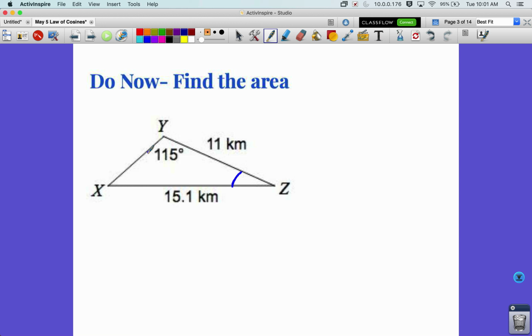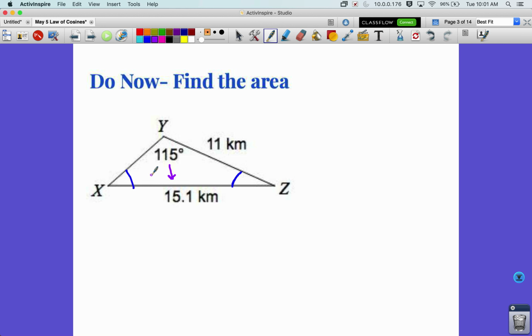But actually you can. The trick is we need to find this angle over here using law of sines and then the triangle sum postulate, and then we can use our area of a triangle formula. If we look, we have an angle and the opposite side.